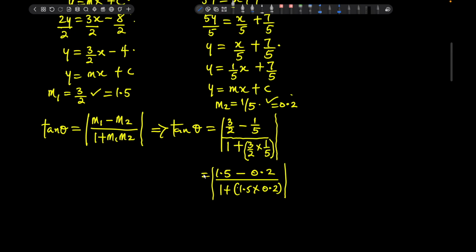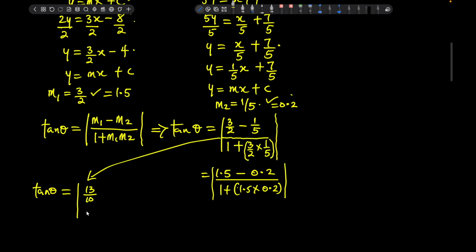Whichever way you decide to go, you are fine. Let me start by simplifying the first one. So tan theta equals, on your calculator, you can do 3 divided by 2 minus 1 divided by 5. That is going to give us 13 over 10.